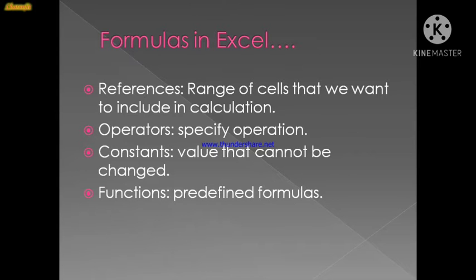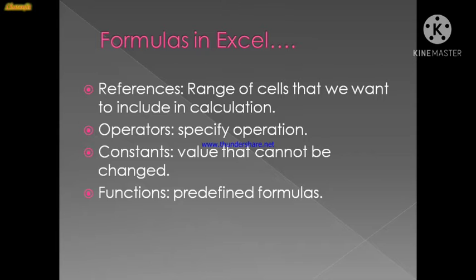There are some terms that are used when we are creating our formulas in Excel. Range of cells that we want to include in the calculation. How many cells we use in the calculation, that is references. Operators, they specify the operation like plus, minus, multiply, division.